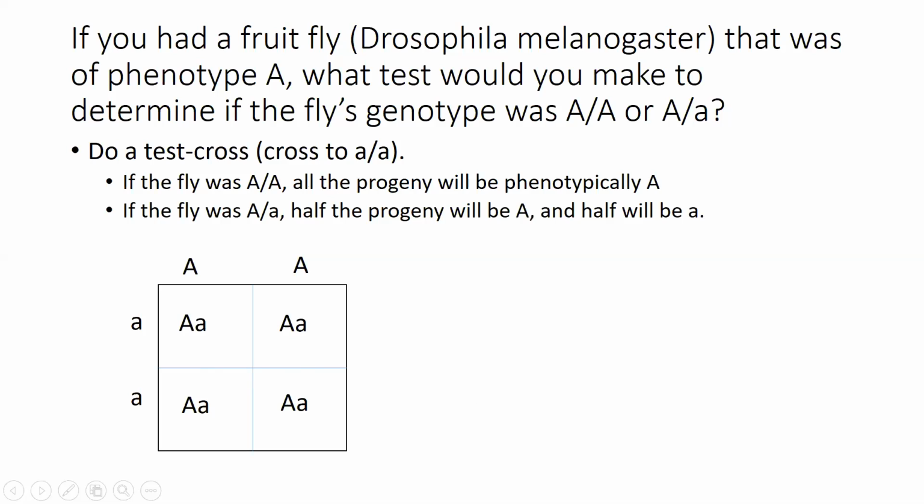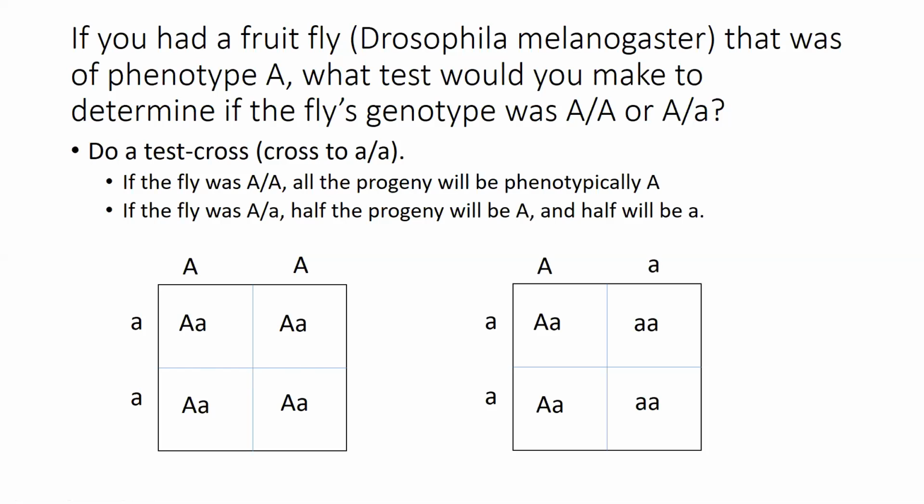If it was big A, little a, then we will have half of them being heterozygous or dominant A, or we'll have half recessive, right? Because that's what you get from each parent. Does this question make sense? Yeah. Okay, great.